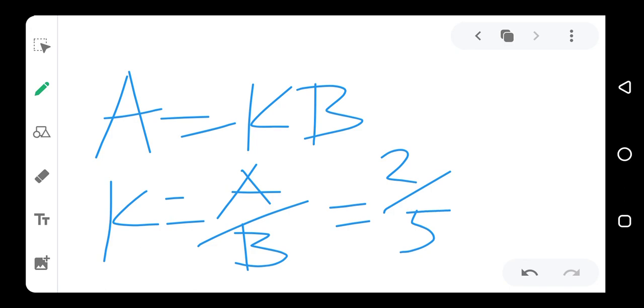So we say that K is equal to 2 over 5. We can leave it this way. We can divide out to get the actual value, or we can leave it this way.